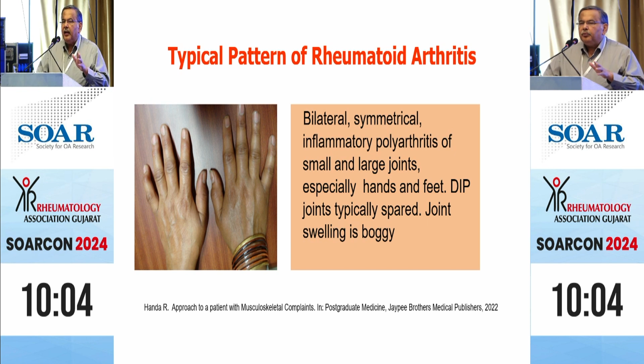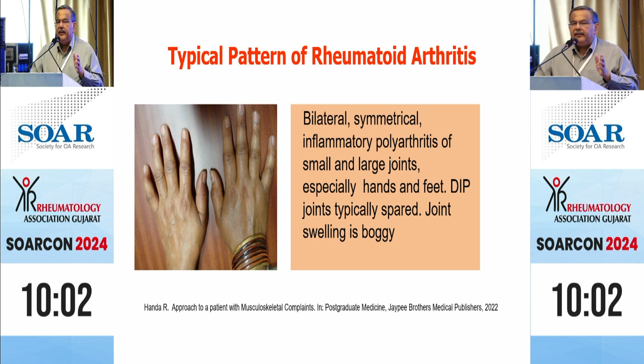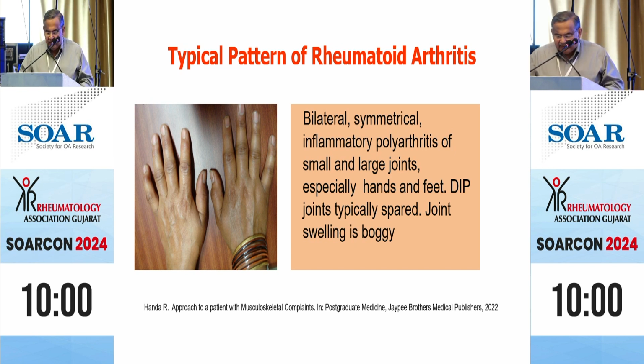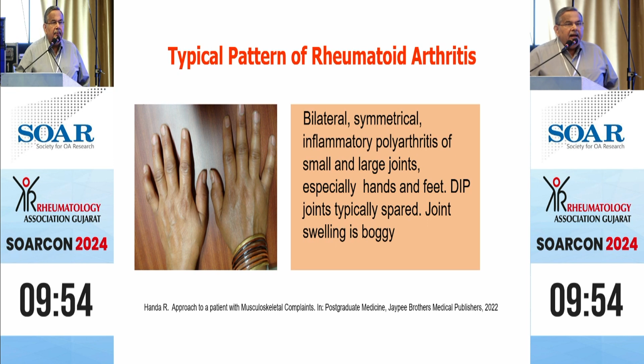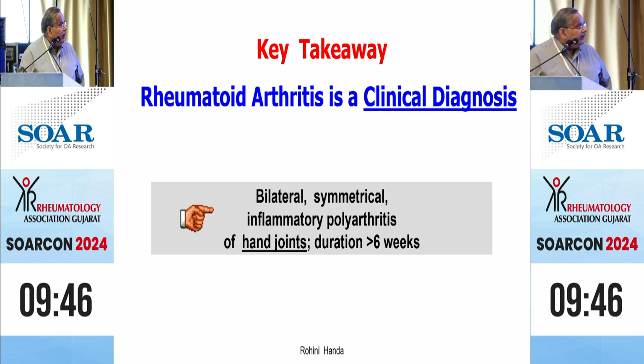Six weeks allows you to segregate the self-limited viral arthritis. It's not sacrosanct, but it is a definition which has stood the test of time. The boggy swelling of rheumatoid is remarkably distinct from the bony swelling that you get with osteoarthritis.